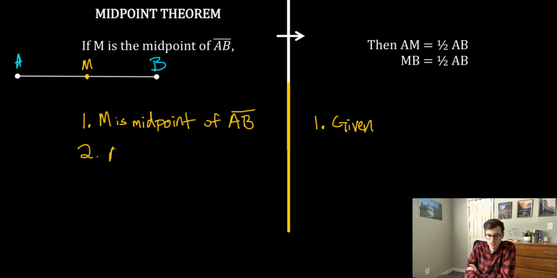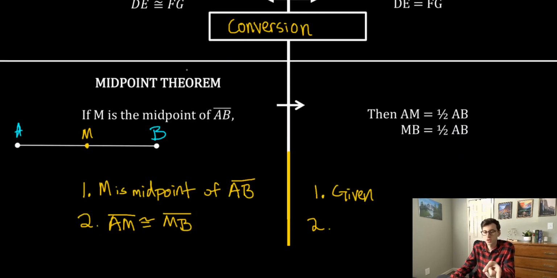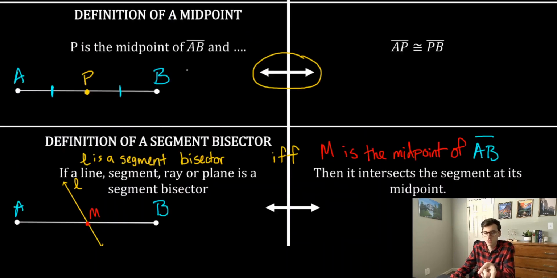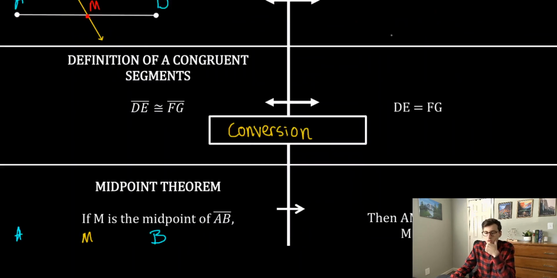So I could say that segment AM is congruent to segment MB by the definition of a midpoint. I know that M's the midpoint, and so I can say that those two are congruent.